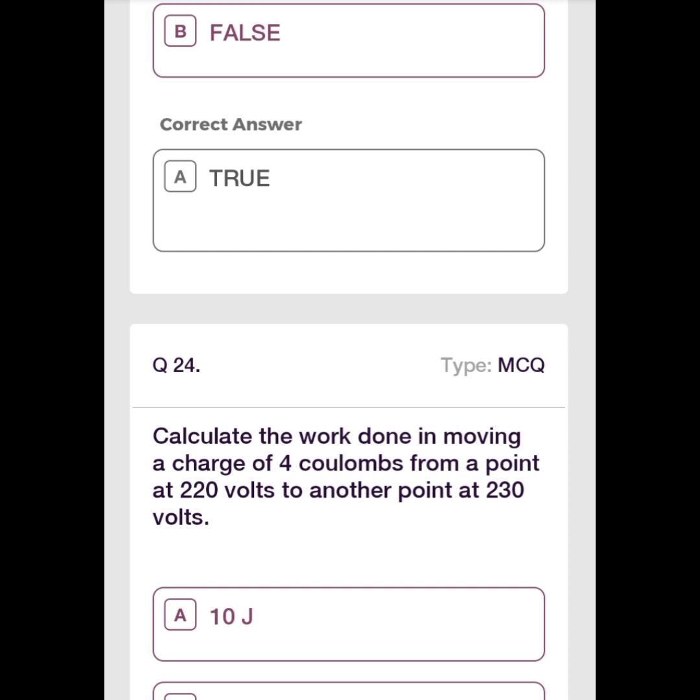Next question. Calculate the work done in moving a charge of 4 coulombs from a point at 220 volts to another point at 230 volts. So here two potentials are given.